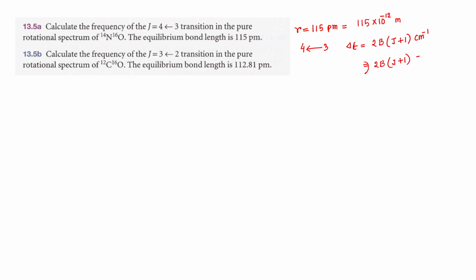We have the starting J, right? So we have 3, so it will be 3 plus 1, 4, so 8B centimeter inverse. So we need to calculate the rotational constant B.